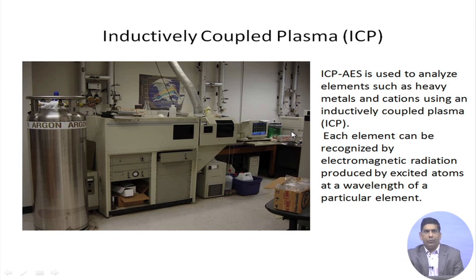This is a computer which is controlling the machine. That's the machine right over here, with several electrical components. That's your argon gas cylinder which supplies gas. This is where the plasma chamber is, where the torch is. The sample goes through the nebulizer, and there is an auto sampler, which you cannot really see very well, between the computer and the main part of the machine.